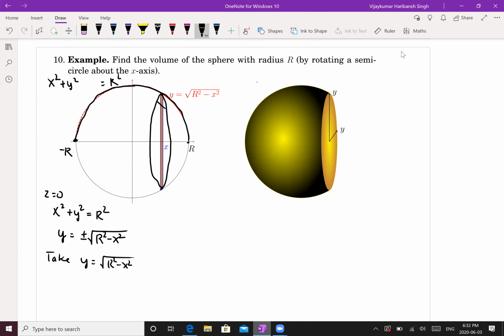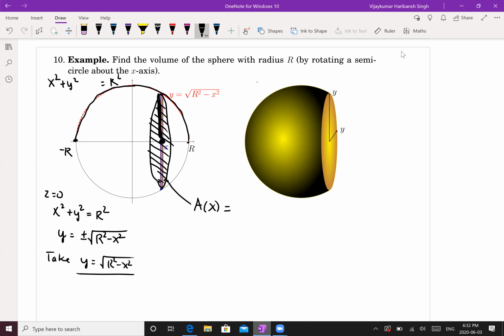So cross-sectional area is also a circle. Now, what is the area of this circle? Let's take cross-sectional area above x. So area of x is going to be, now note that here, y gives the radius. And what is the y?